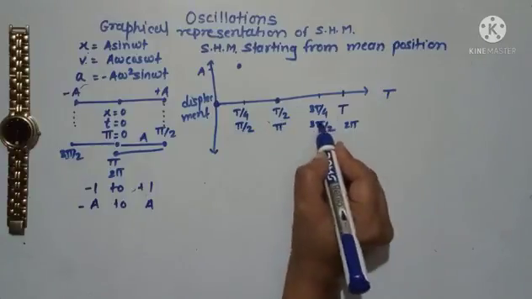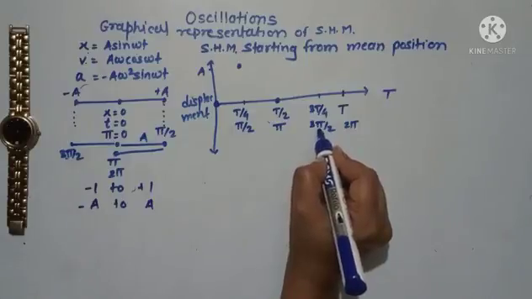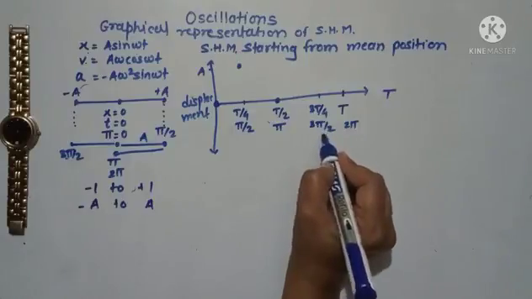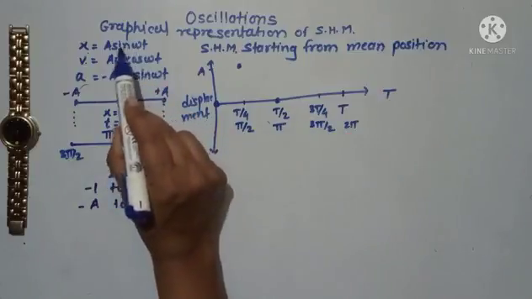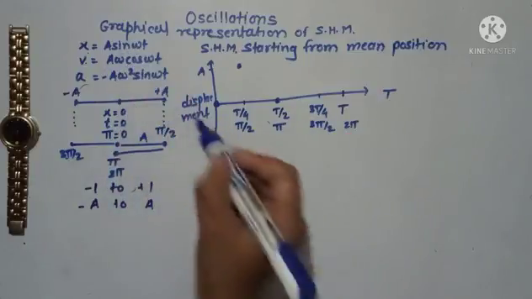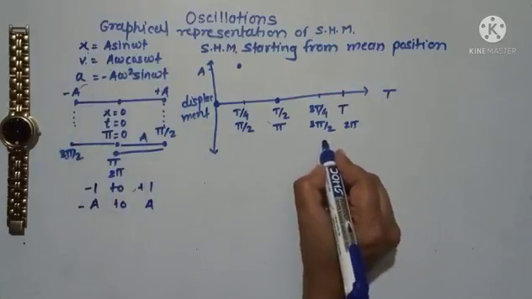When the value of omega t is 3 pi by 2, then the sine becomes minus 1, and therefore x becomes minus a.